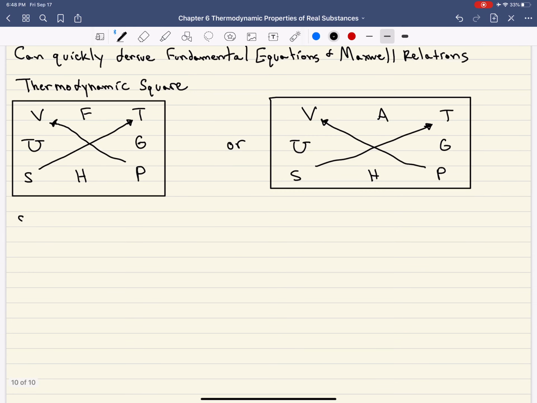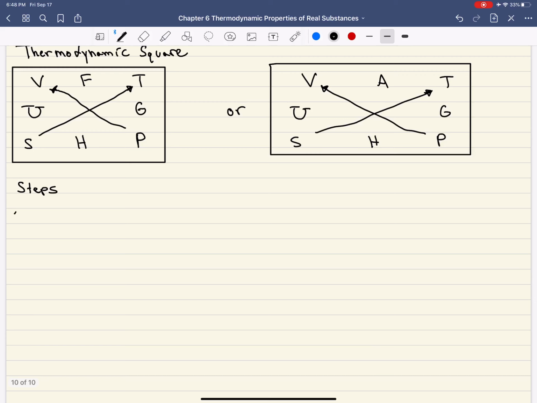So to construct a thermodynamic square, here are the steps. You would draw something like this in this order, with the arrows pointing this way. And this is how you would use it. The first step is you pick an energy.